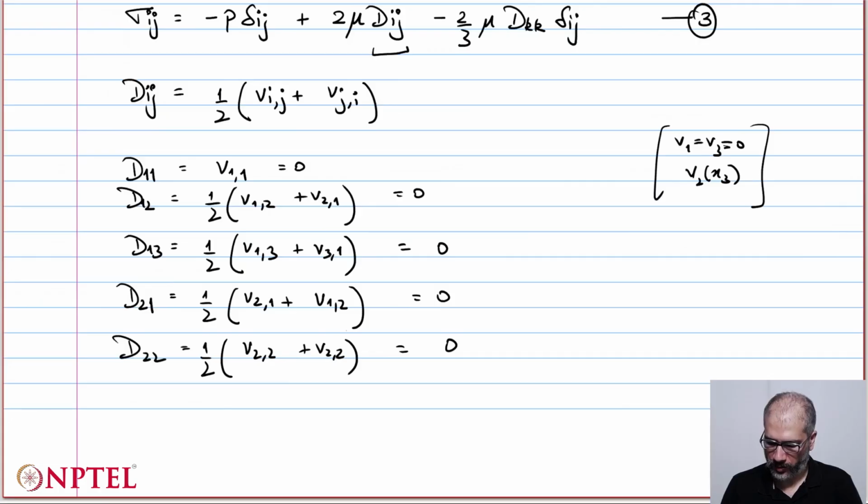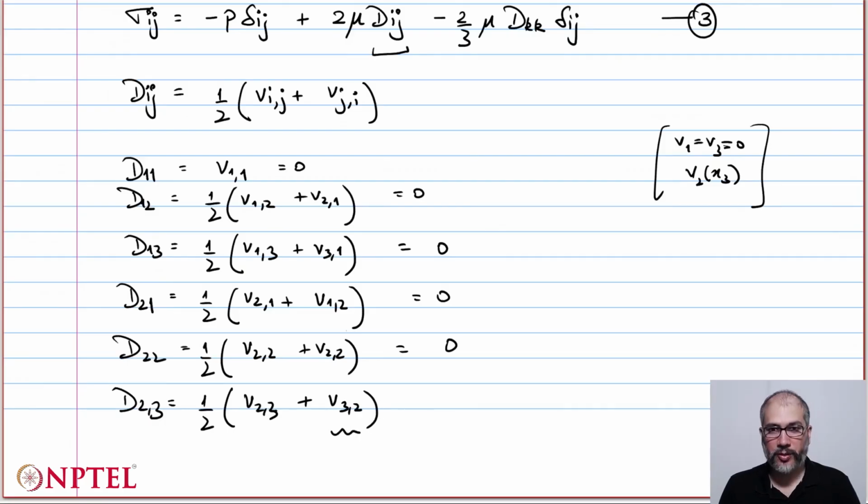This is also 0. Next we have D23, which is half v2 comma 3 plus v3 comma 2. Now v3 comma 2 is a 0 because v3 is 0, but there's no reason for v2 comma 3 to be 0 because v2 is actually a function of x3.